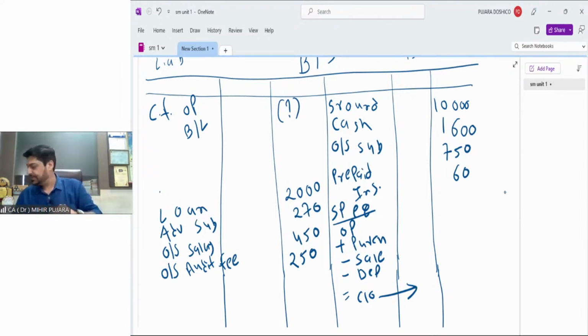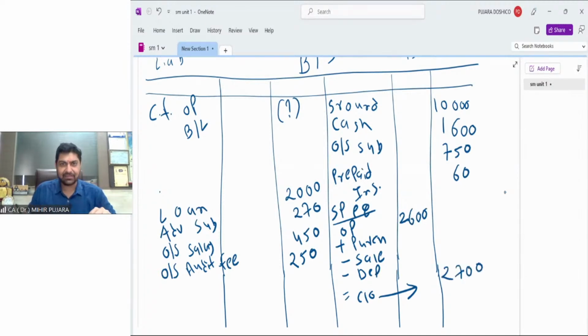Right, friends? Okay. Now, what is opening balance given and what is closing balance given? Sir, opening balance is given 2600. Closing balance is given 2700. I am writing in my balance sheet. Clear, guys? Simple.